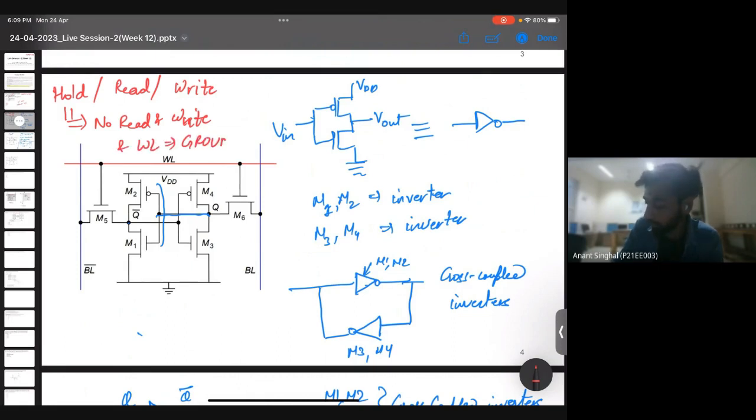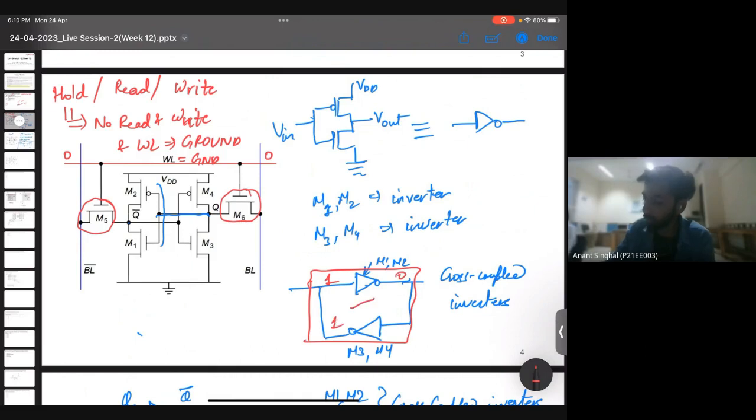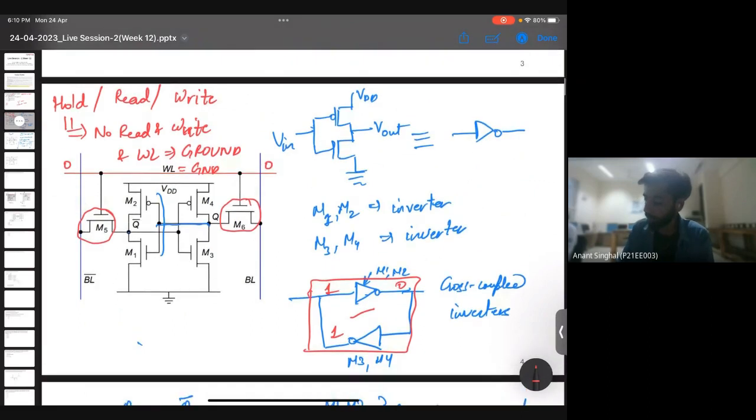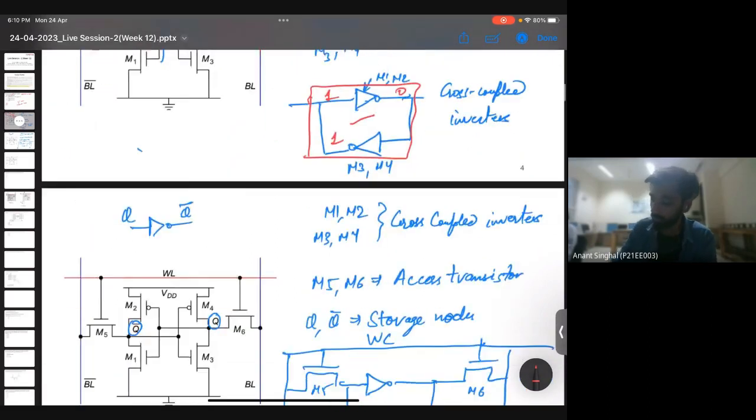Once this is at ground, this transistor does not conduct, and it just holds whatever is inside this cross coupled inverter. Once we ground these lines, the only circuit left with us is this. If we apply a 1 here, it will give a 0, and it will apply a 1 here. So it will just hold the value. It will not flip any input or output. So this is how the hold operation works.